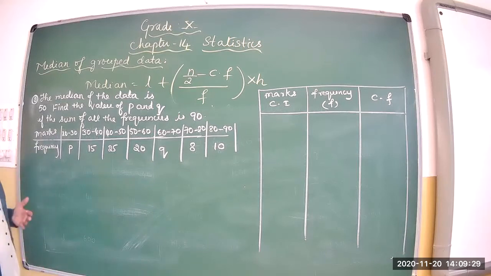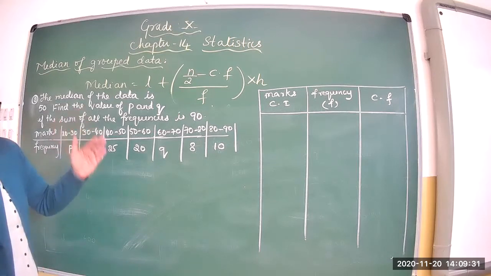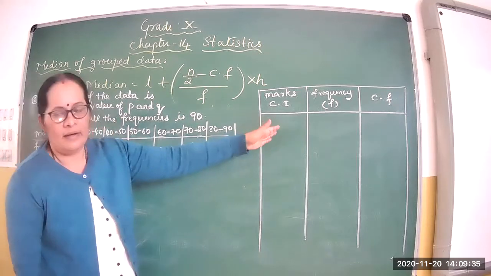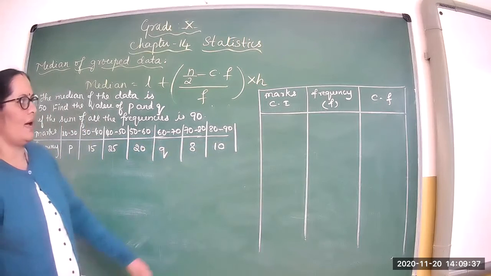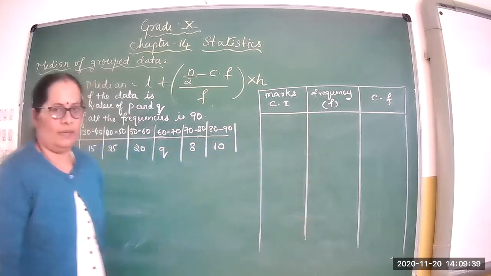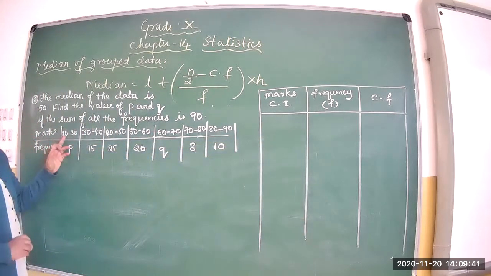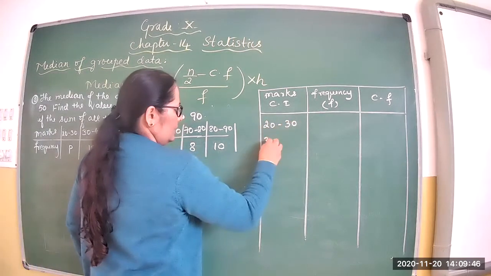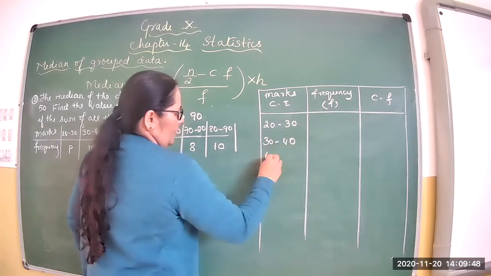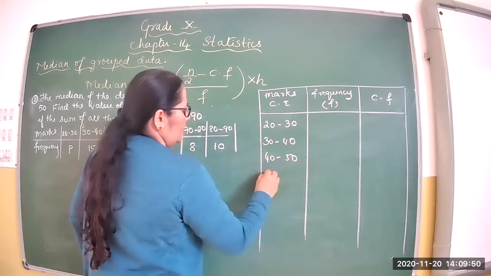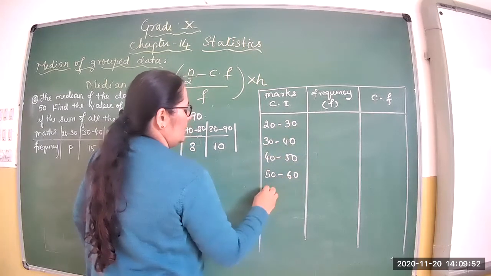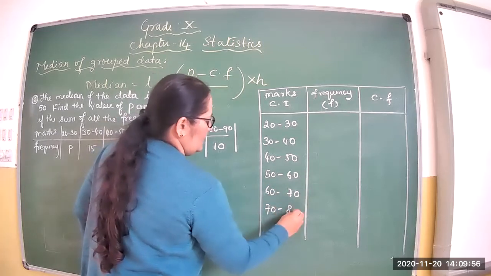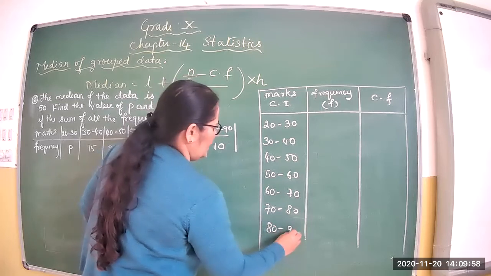Okay. At first, what we have to do? We need to draw a table neatly. In the first column, we make the entries of class intervals, and the second column, frequencies. So the class intervals are given as 20 to 30, 30 to 40, 40 to 50, 50 to 60, 60 to 70, 70 to 80, 80 to 90.